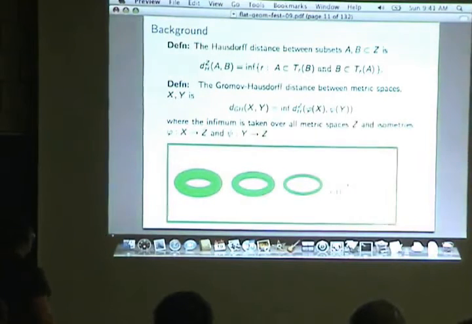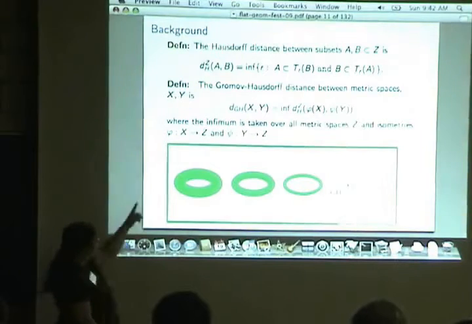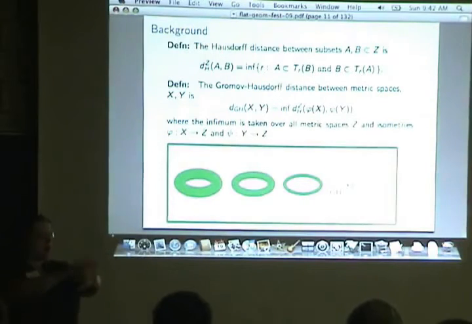Gromov's Hausdorff distance is an intrinsic version of the Hausdorff distance, and the way he makes it intrinsic is he takes an infimum of the Hausdorff distance between two metric spaces. I take the two metric spaces, they don't exist in the same place, so you have to put them into a common place.